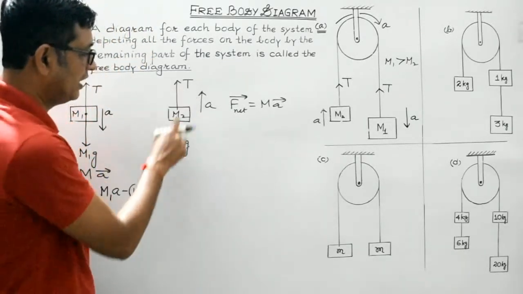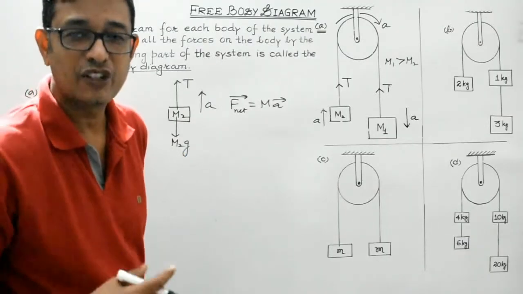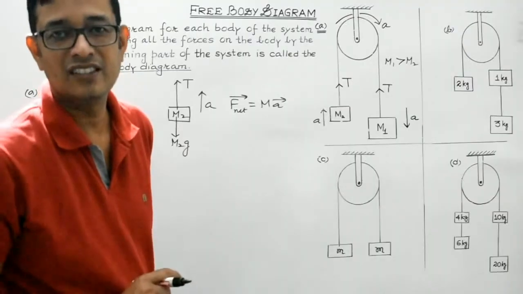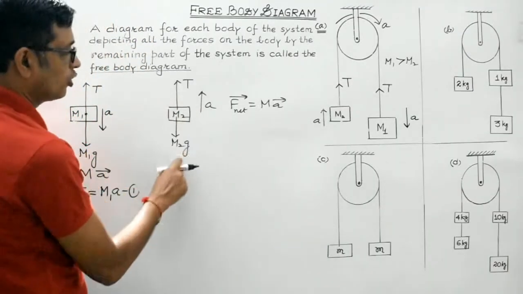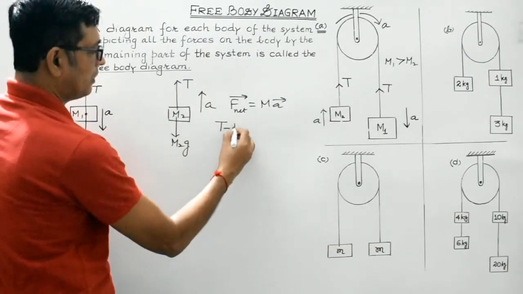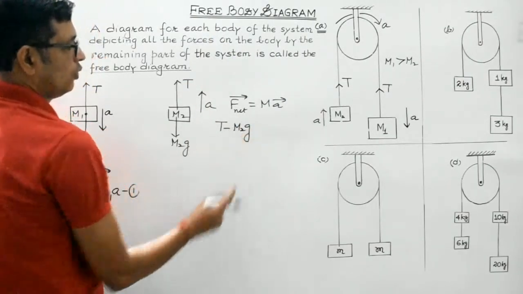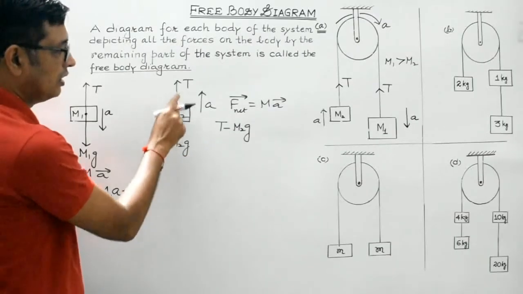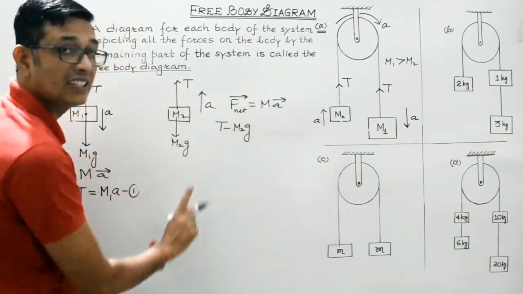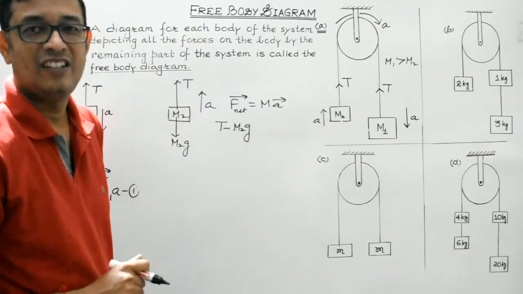Therefore, the resultant of T and M2G, as per the laws of vector addition, would be given by the difference in the magnitude of the two vectors, right? So, what will be the resultant force acting over here in the upward direction? It will be T minus M2G. Why T minus M2G? Because T is greater than M2G. Why is T greater than M2G? Because the body is getting accelerated in the upward direction.